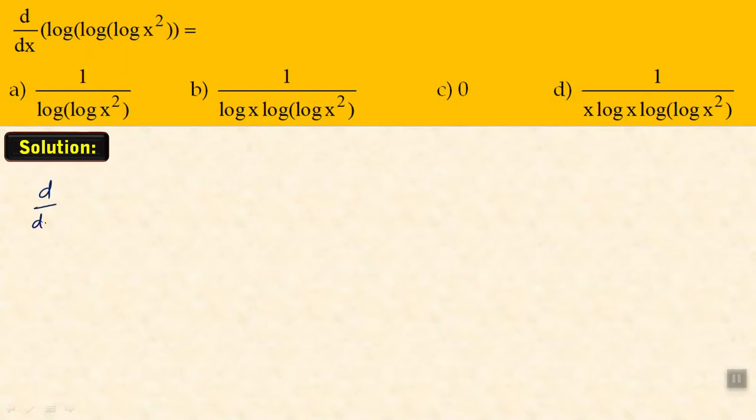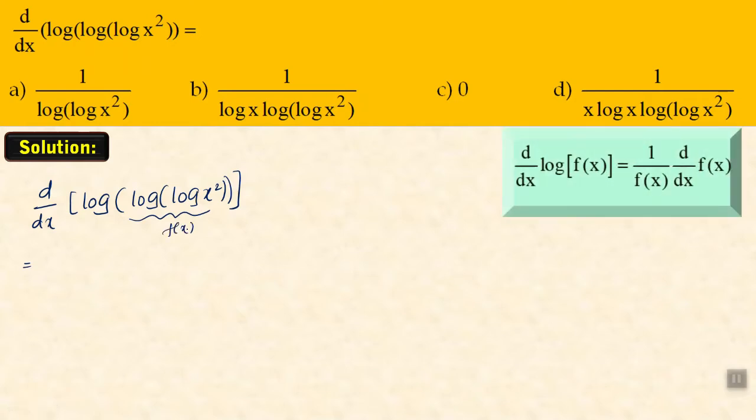D by dx of log of log x square is equals to, here consider log x square as f of x. We know that d by dx of log f of x is equals to 1 by f of x into d by dx of f of x.